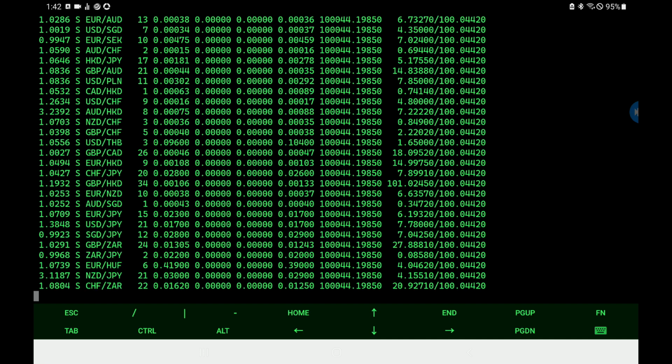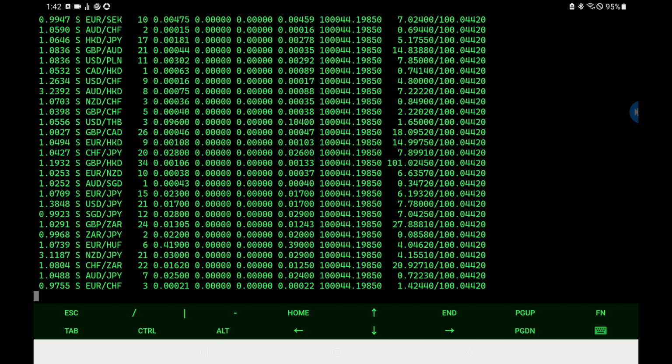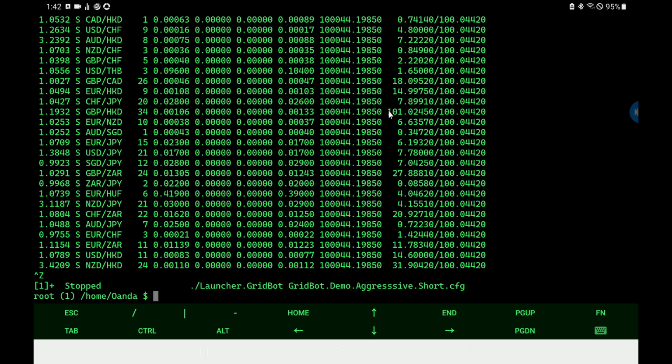Now the risk is that the market could just keep on going and drag you with it. And that's what happened with my one position right here. For example, my margin used exceeded my limit, so the bot shut down. In this case, the market kept going against my position. So now this is nothing more than an anchor waiting for the market to correct and come back in my direction.